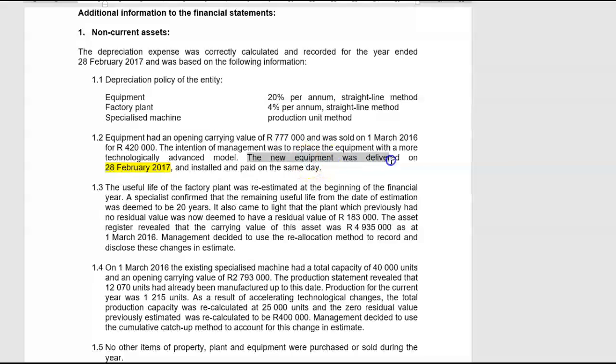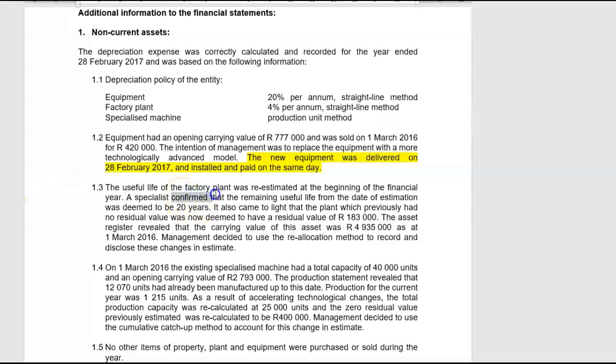All they say is the new equipment was delivered and it was installed and paid for on the same day. No value. So obviously that will be our balancing figure. But I must have enough information so that somewhere out of the next information that they give us, we will be able to calculate that amount.